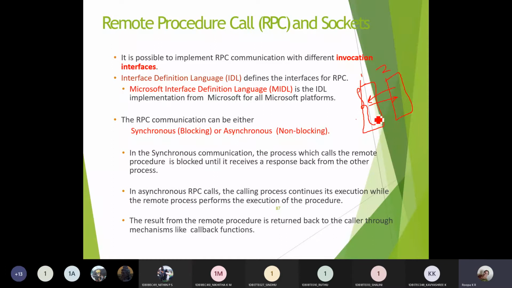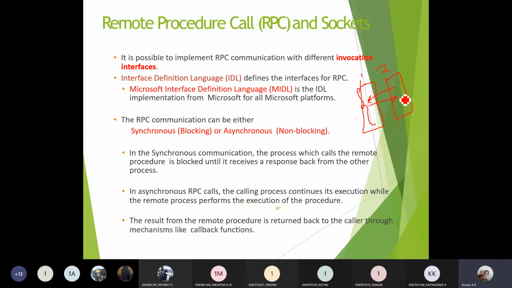So it is not that once it gives the request, or once the process is invoked, the process execution is blocked. Unless some external agent, the operating system, stops the process, that is the only option we have left.